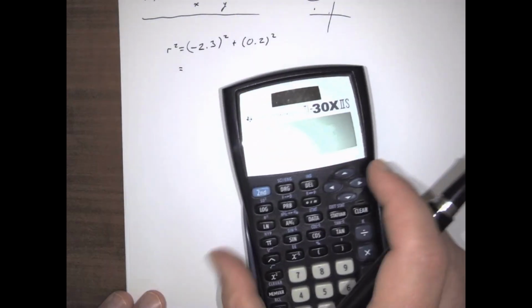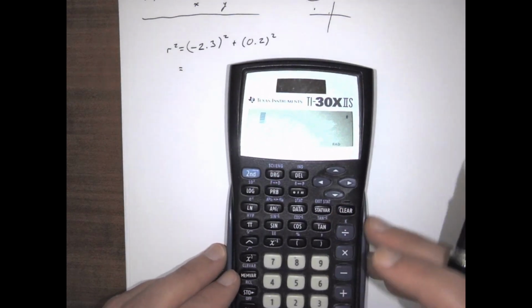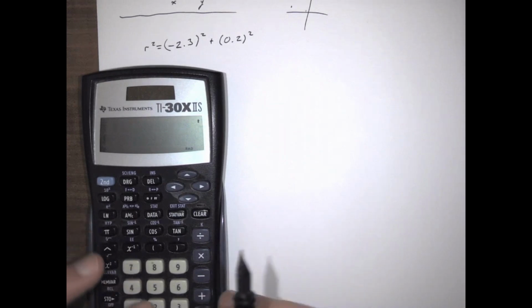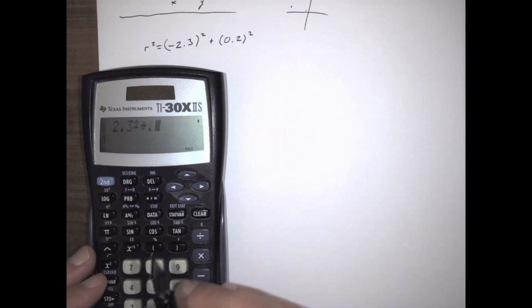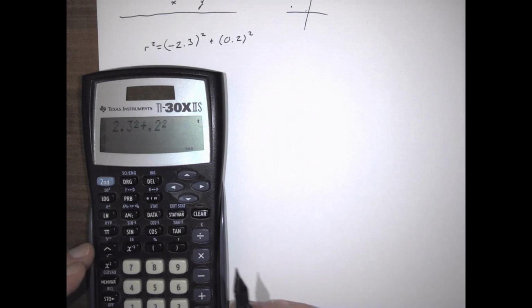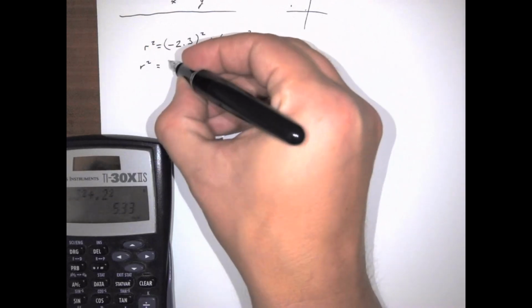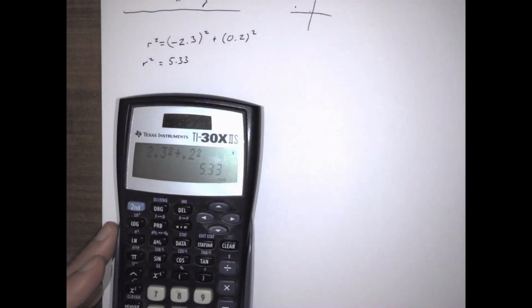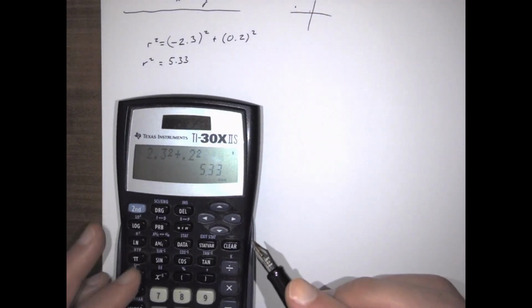So what's this going to be? So 2.3 squared, we can ignore the negative because it's being squared, plus 0.2 squared, and that's 5.33. And then we want to take the square root of that.